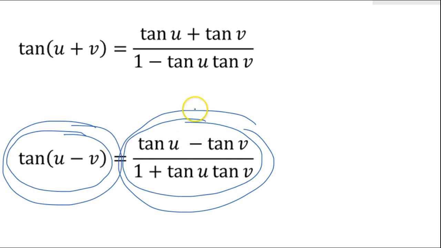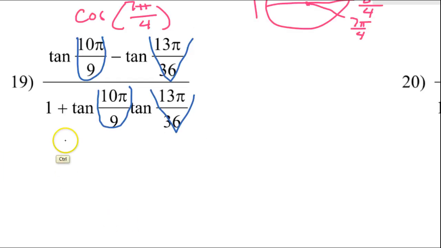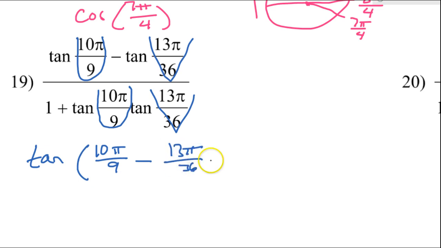So I'm going to take an expression that looks like this and write it as the tangent of u minus v, where u is 10 pi over 9 and v is 13 pi over 36.